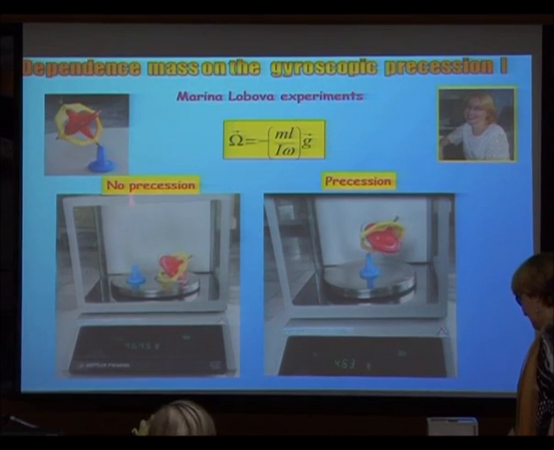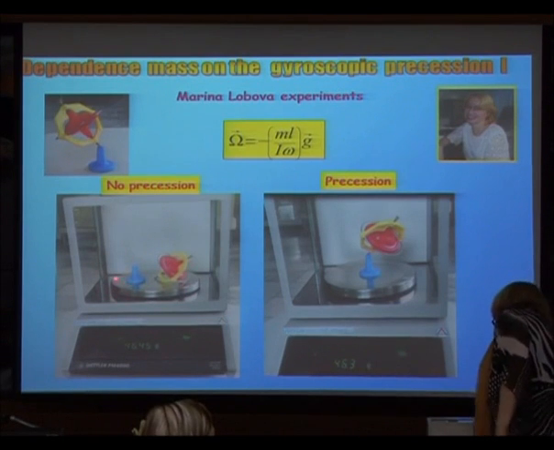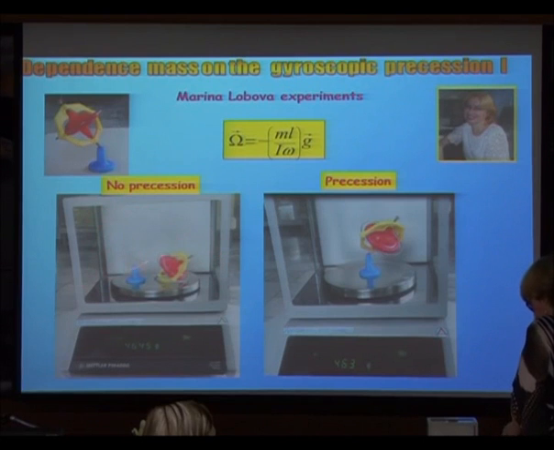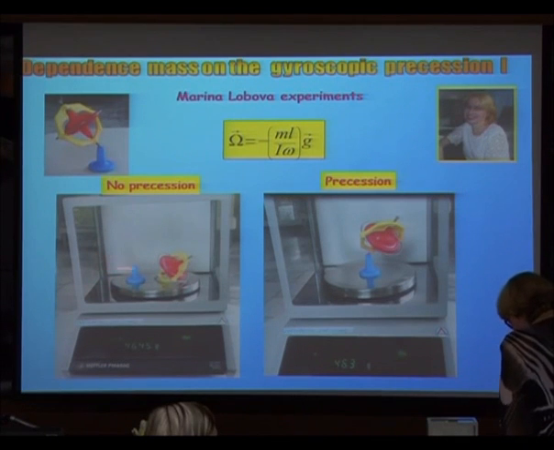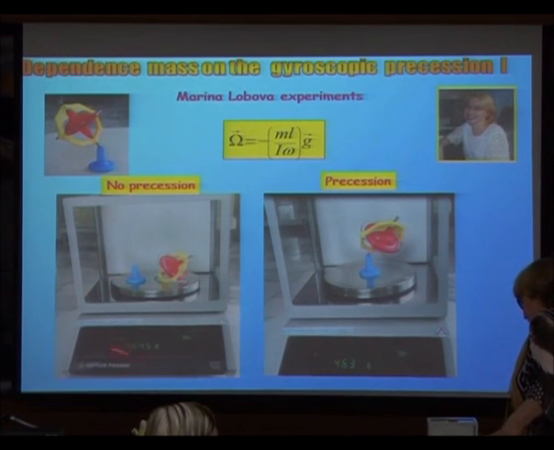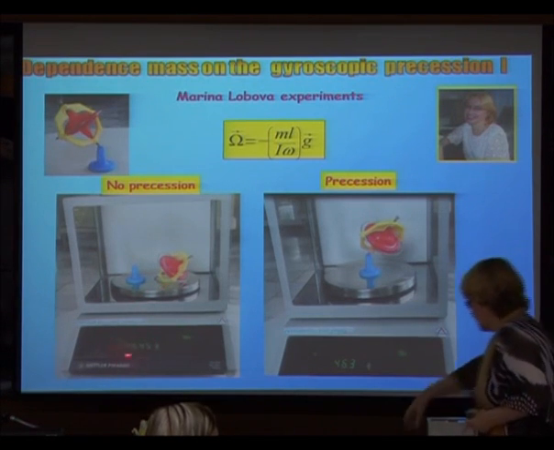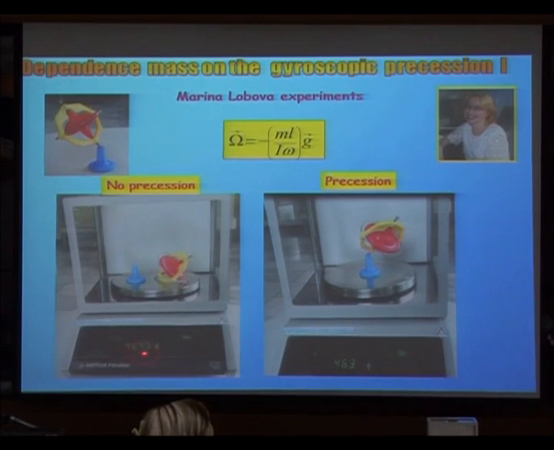As I said before, if there is no rotation of the gyroscope, here is a scale, you can measure the weight of the gyroscope very precisely, and when there is no rotation, the weight is 46.45. But when the gyroscope has a precession, you will see now that its weight became 46.3.